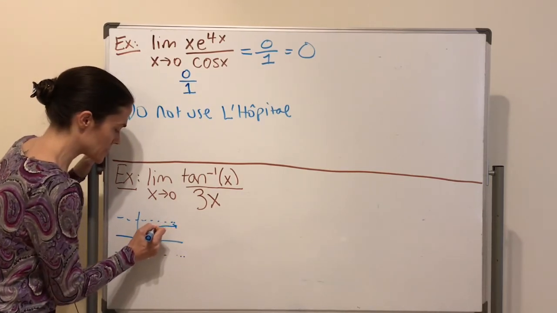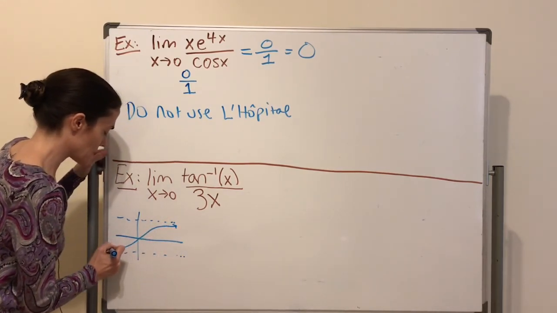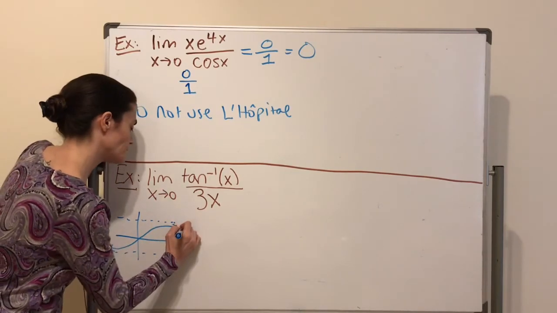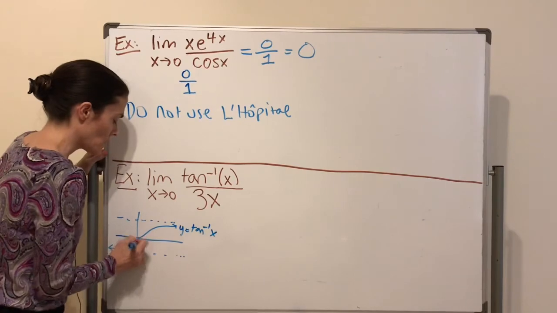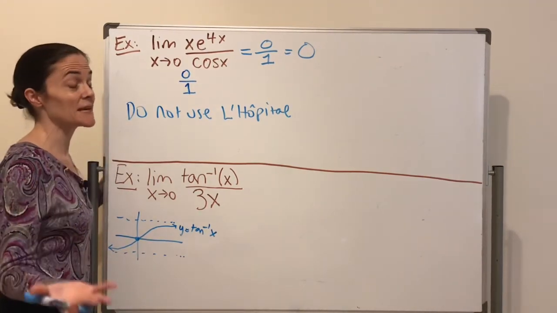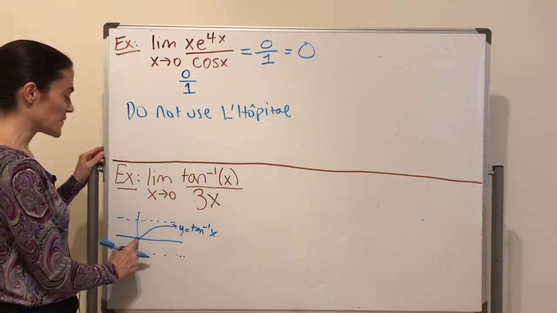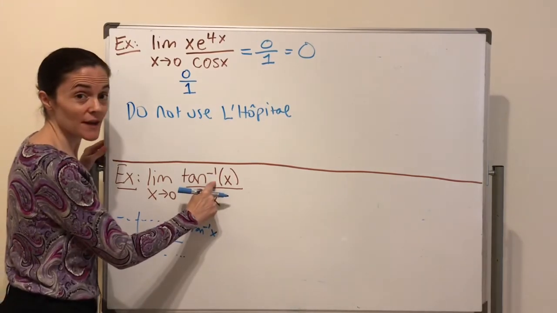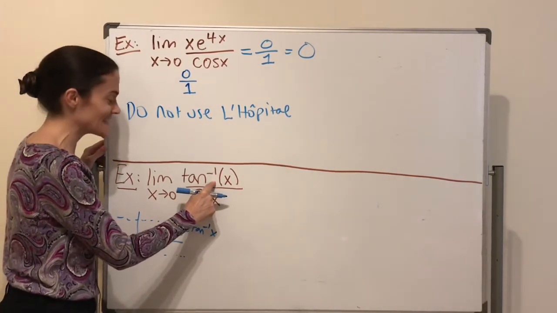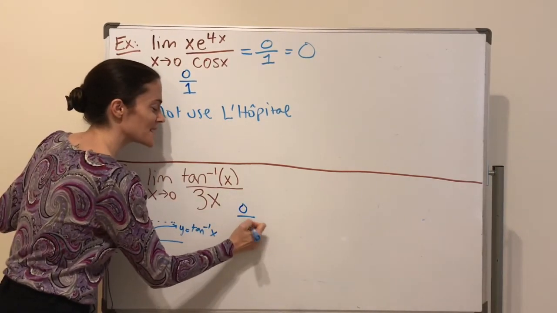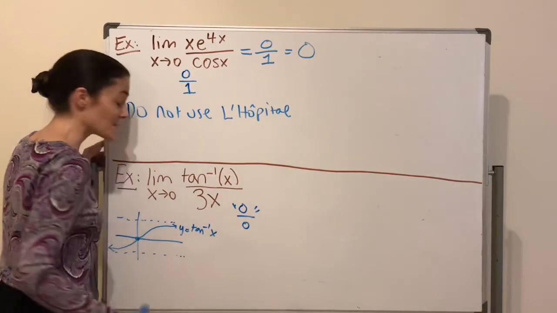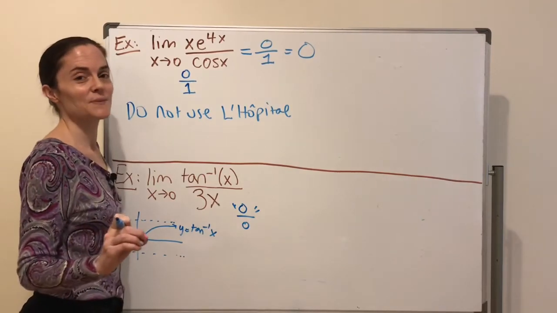And the basic shape is like this. Well, the tan inverse of 0 is 0. So here, this in the numerator, because tan inverse is continuous, is approaching 0, and the denominator is approaching 0. So in fact, we do have an indeterminate form.